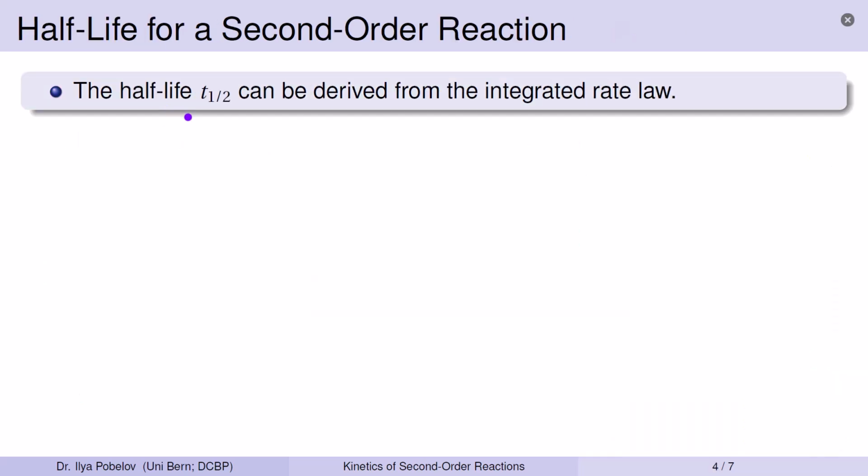The half-life for a second-order reaction can be derived from the integrated rate law. By setting the concentration at half-life to half of the initial concentration C0, we can express the half-life as 1 over 2kC0.